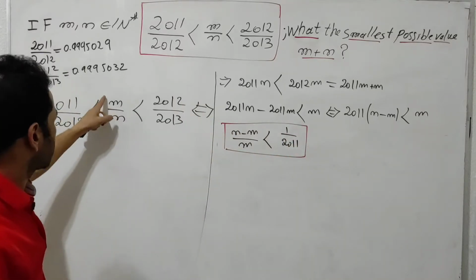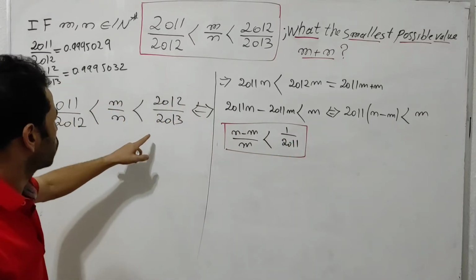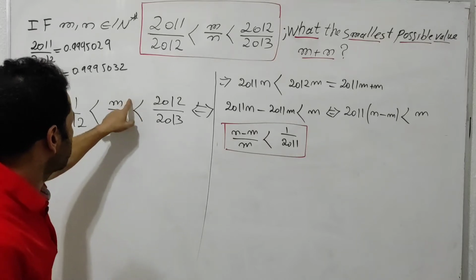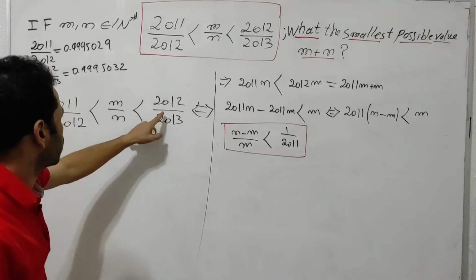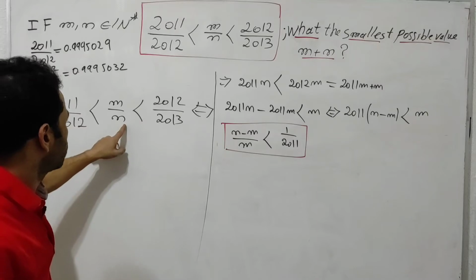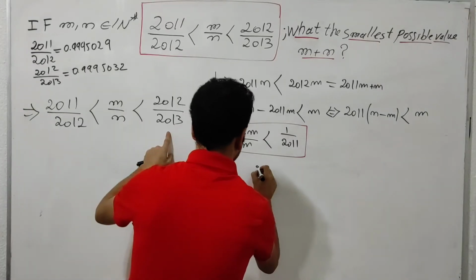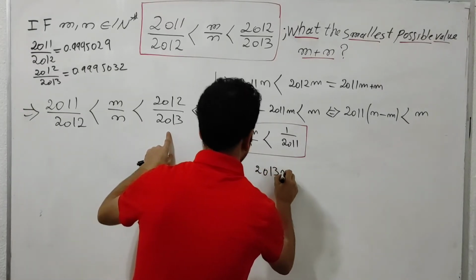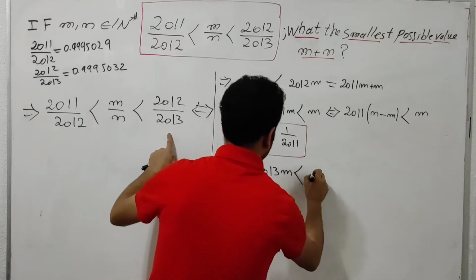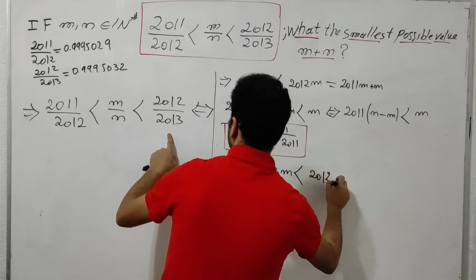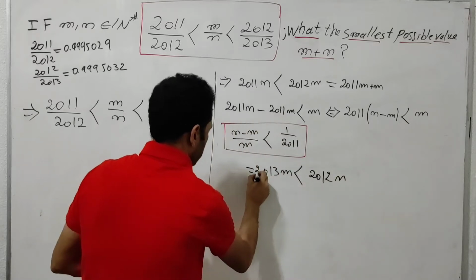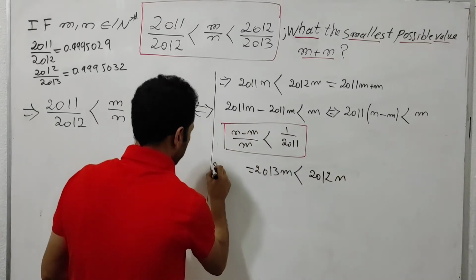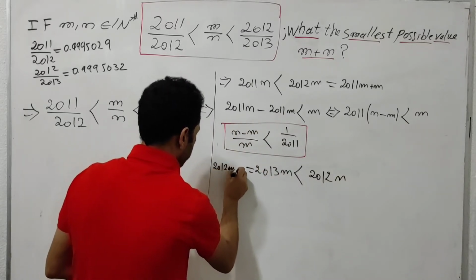Now I use the right-hand side of the inequality by multiplying: 2013 m is strictly inferior to 2012 n. This is equal to 2012 m plus m.